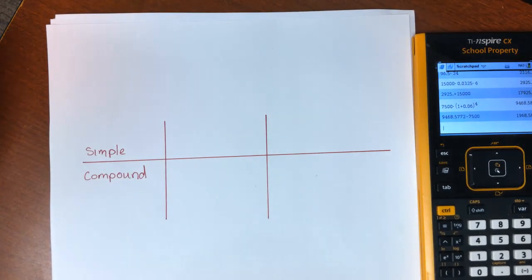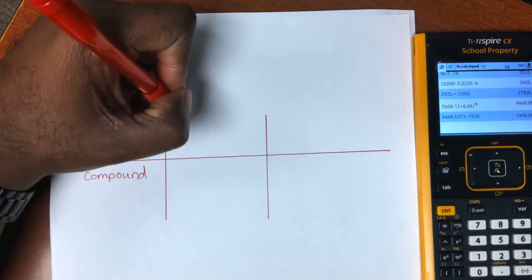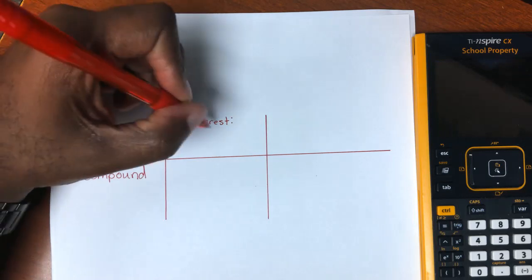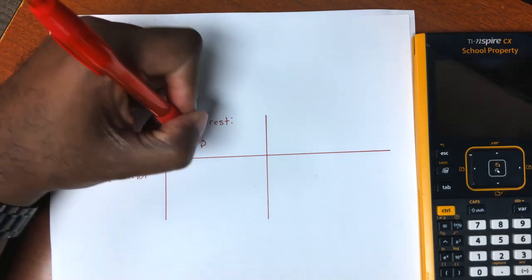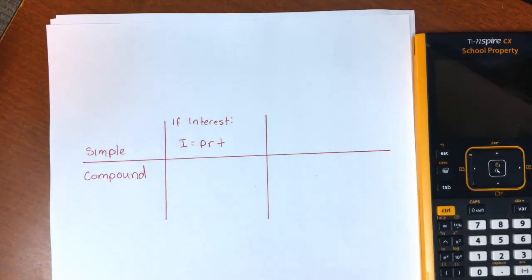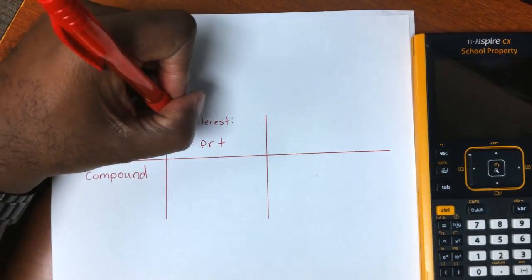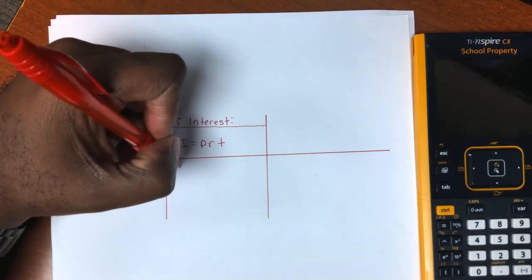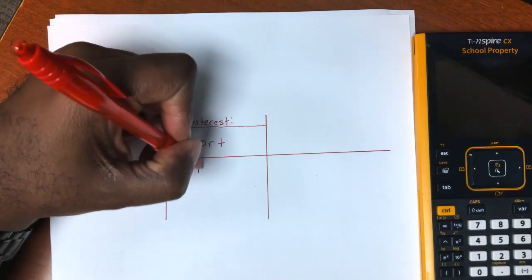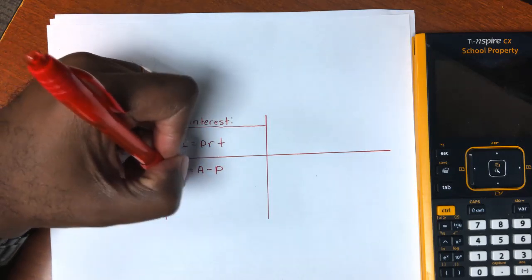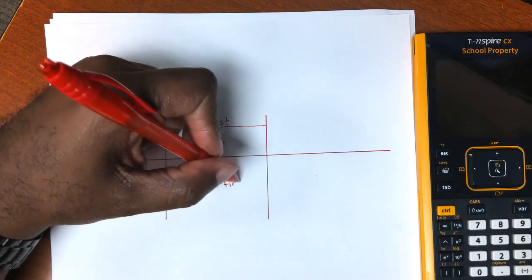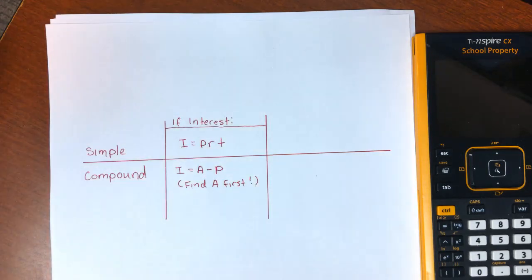But if they ask for interest, then we write I equals P R T. If interest for compound, we know that I is equal to A minus P, but find A first. That's important.